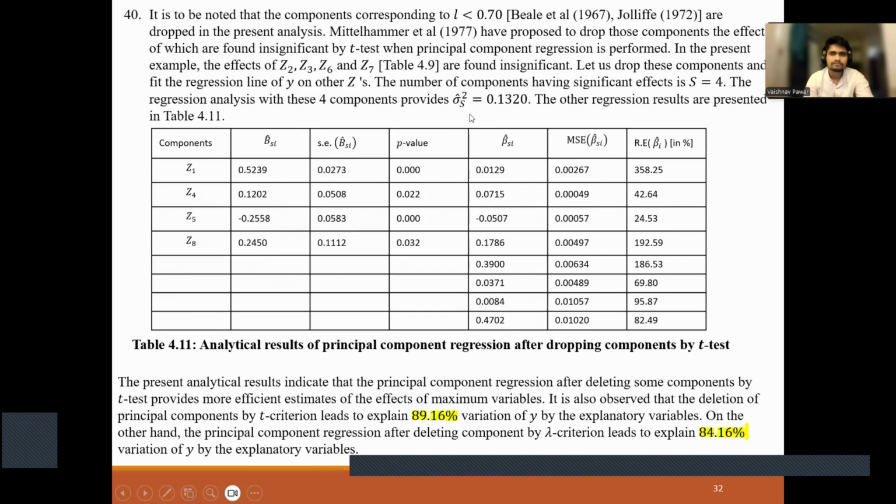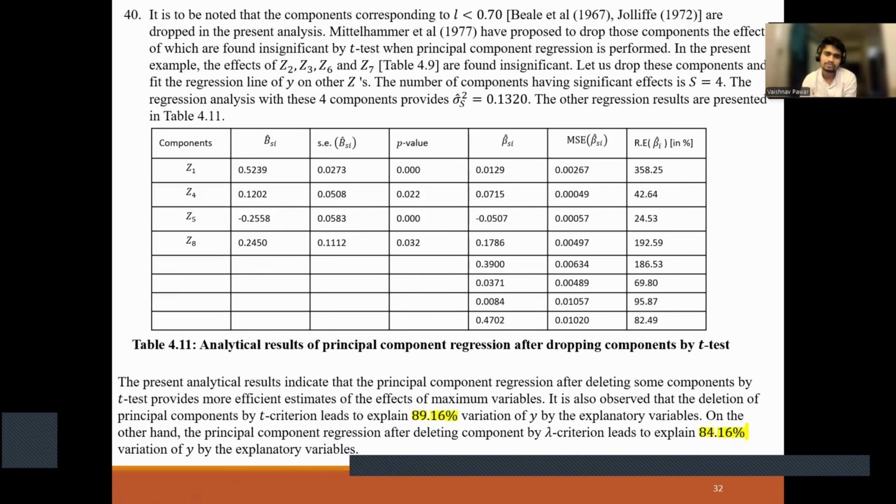It is noted that if lambda is less than 0.70, then we have to drop those components, and we only select the components whose eigenvalue is greater than 0.70.